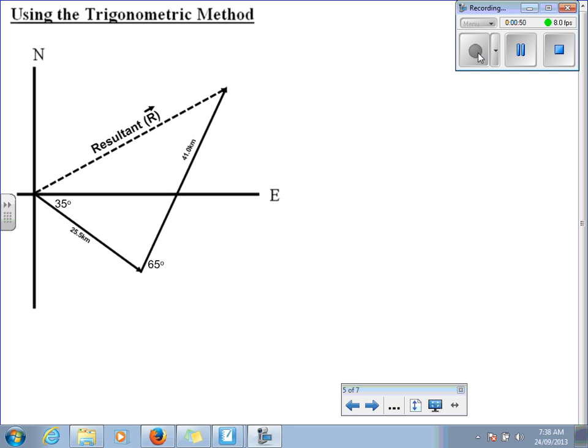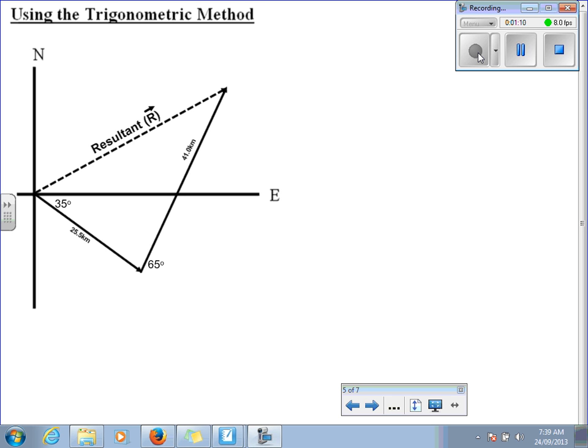Again, we have a 25.5 kilometer vector going east 35 degrees south. This is the example that's in your handout. Followed by one that's going 65 degrees north of east for 41 kilometers. And here's the diagram that we worked out in the last problem that shows the resultant that we're trying to get.